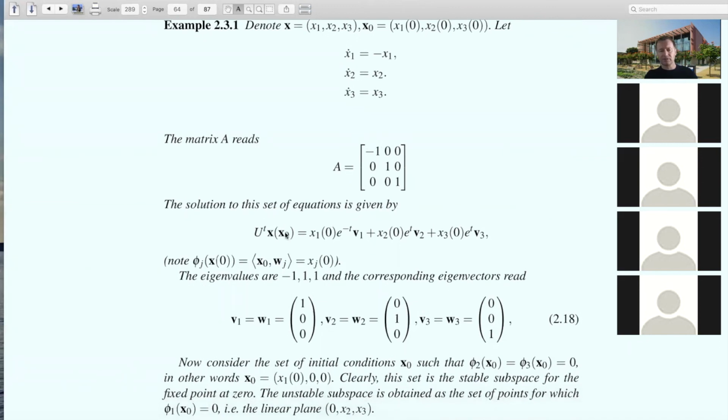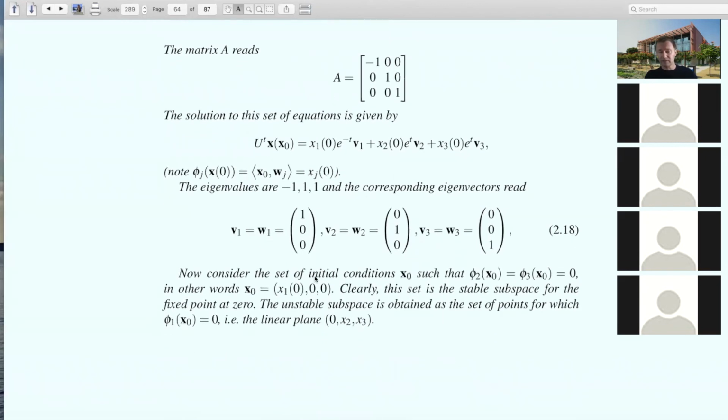And then the solution is defined as this spectral expansion where I have replaced phi j's with xj's, the initial conditions, because the eigenvectors being (1,0,0), (0,1,0), and (0,0,1), when you inner product x0 with that, you get exactly xj of 0. So here in the Koopman spectral expansion, we will have phi 1, phi 2, phi 3, but they are actually initial conditions in this simple case, x1, x2, and x3.